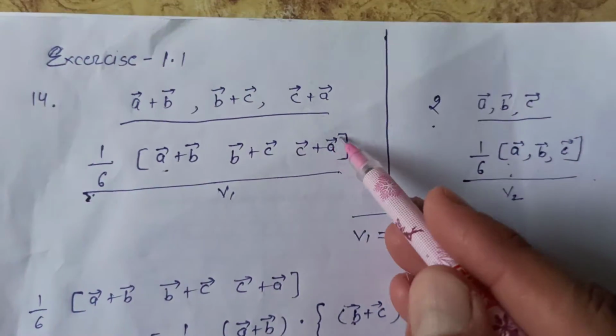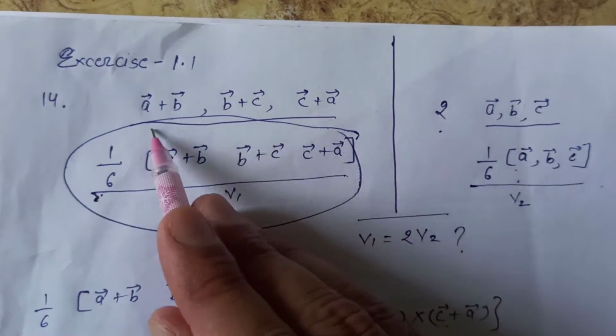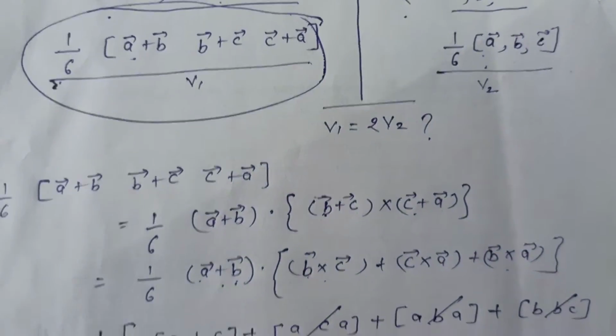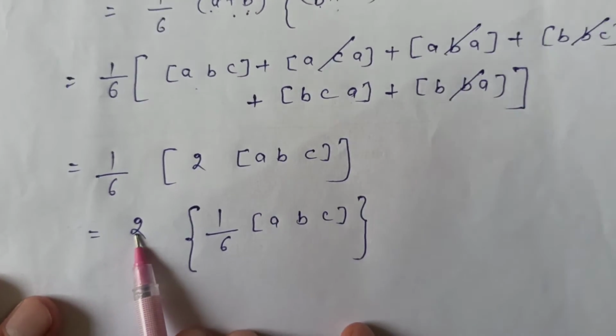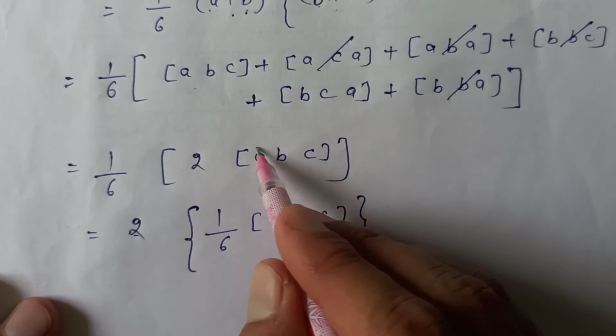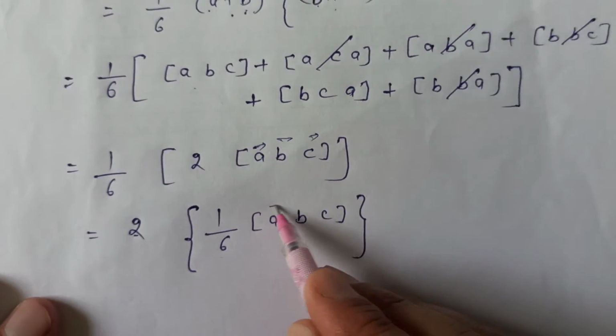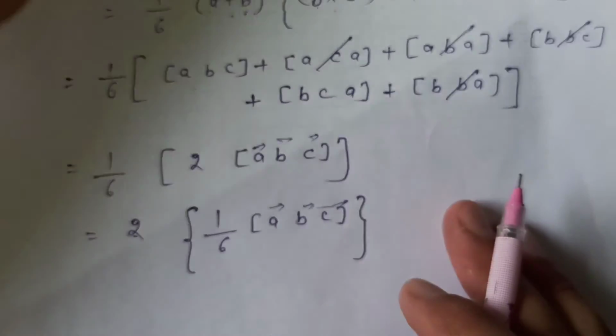So the volume of the tetrahedron formed by these three vectors as three concurrent edges will be 2 times the volume of the tetrahedron formed by the concurrent edges A, B and C.